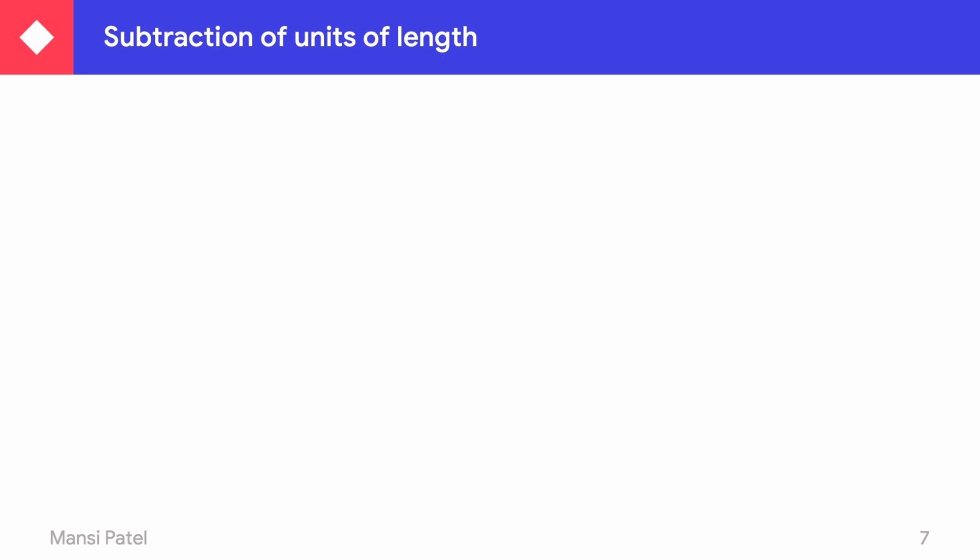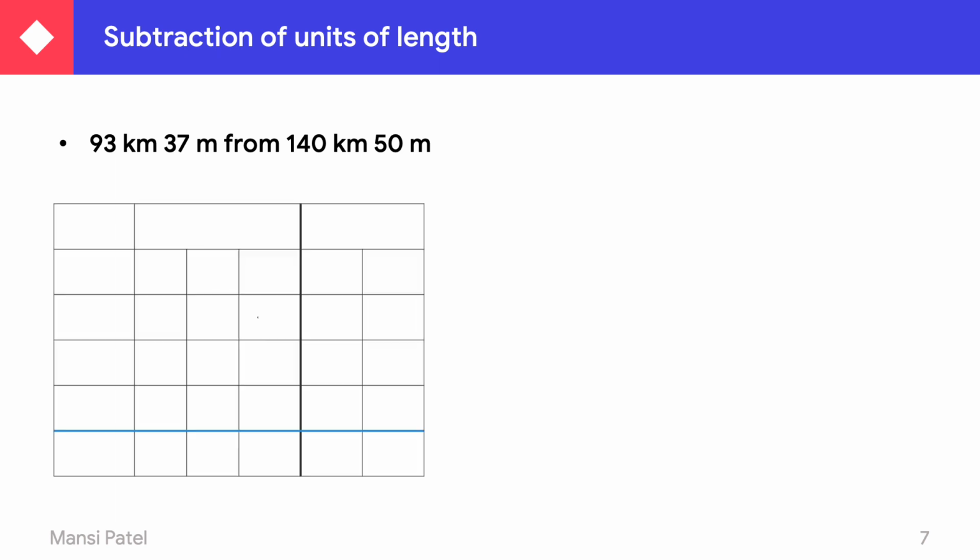Let us see another example. 93 kilometer 37 meter from 140 kilometer and 50 meter. So first we draw one table. In that, write down the units, and our units are kilometer and meter. Below these headings write down the given numbers. Which number do we write down first in subtraction?